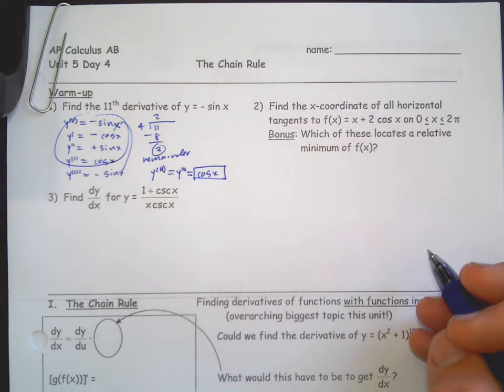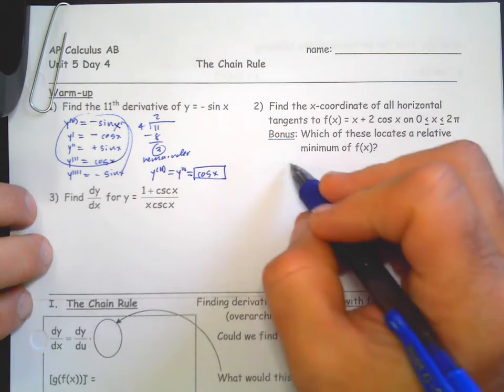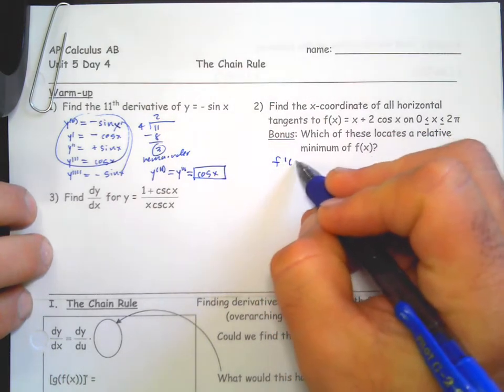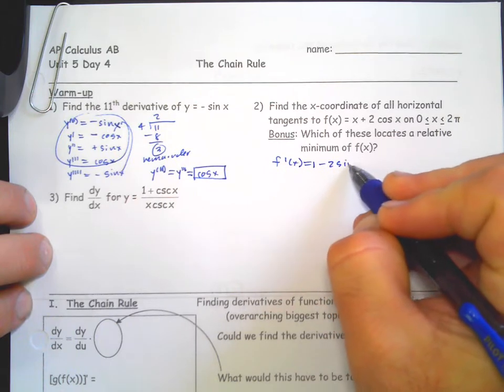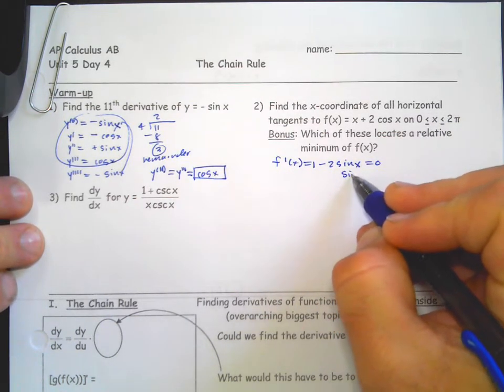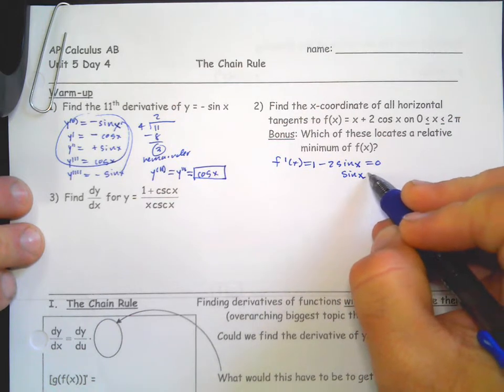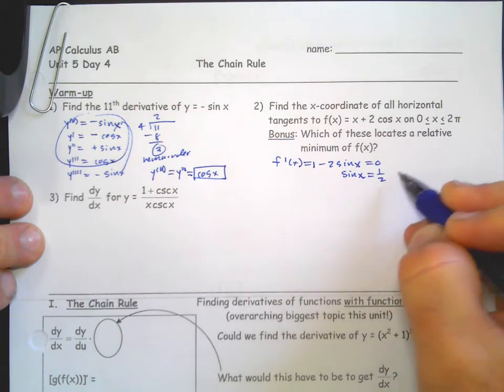Okay, number 2, find the x-coordinate of all horizontal tangents. So horizontal tangents are where the slope of the graph equals 0. It's flat. So we could solve the trig equation. -1 divided by -2 is positive 1/2.